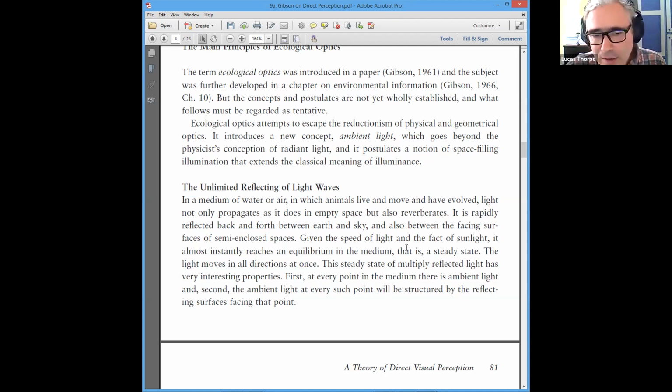And he says when you've got some ambient light, at every point in the medium, which is the air, empty space in some sense, there is ambient light. And secondly, the ambient light at every such point will be structured by the reflecting surfaces facing that point.